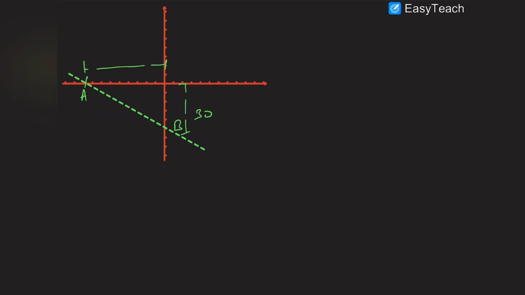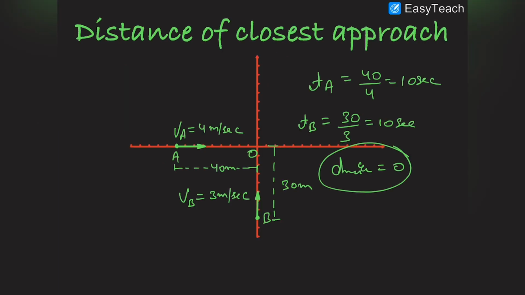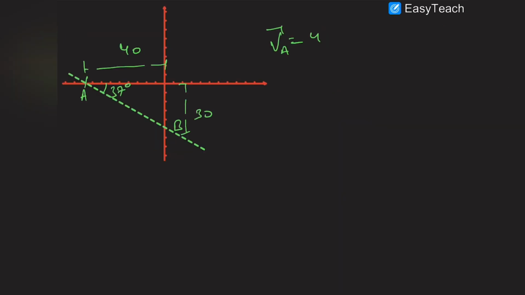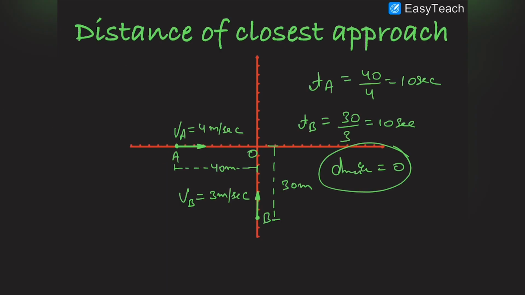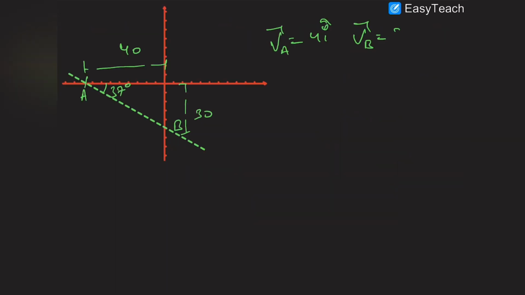Now we can easily say that this angle is 37 degree. Now VA would be equal to 4 i cap and VB will be equal to 3 j cap.